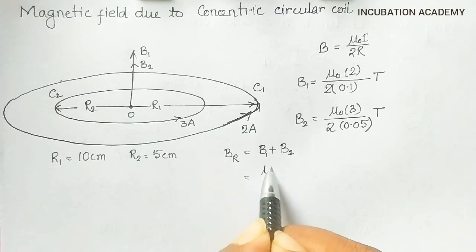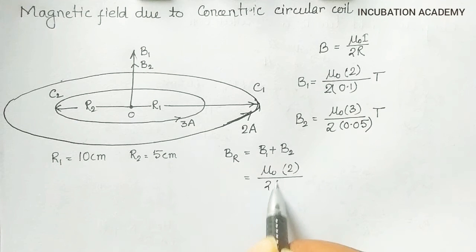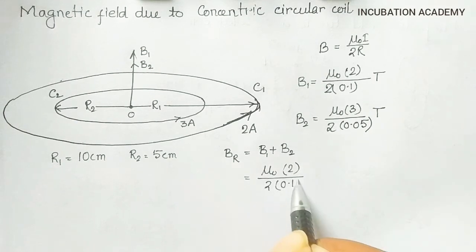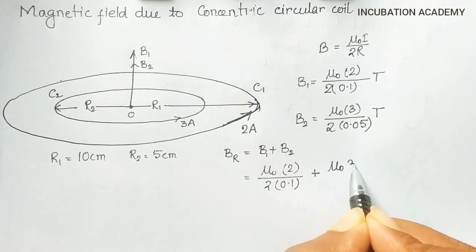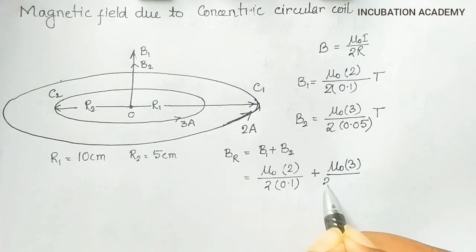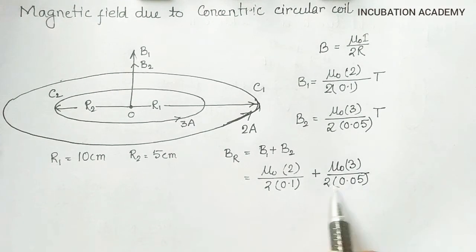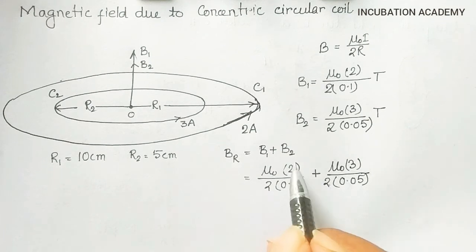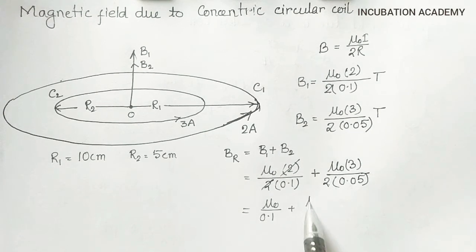So it will be mu naught into 2 divided by 2 into 0.1, plus mu naught into 3 divided by 2 into 0.05. So if I do this multiplication, it becomes 0.1 and these two 2s cancel out. So mu naught divided by 0.1 plus mu naught into 3 divided by 0.1.